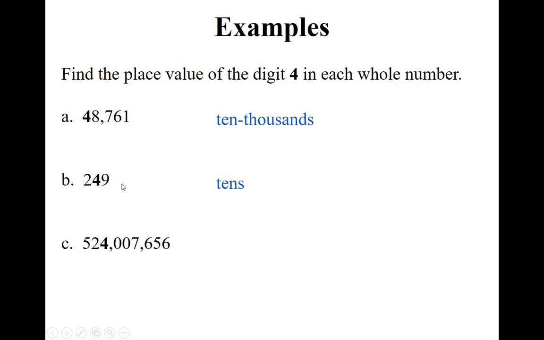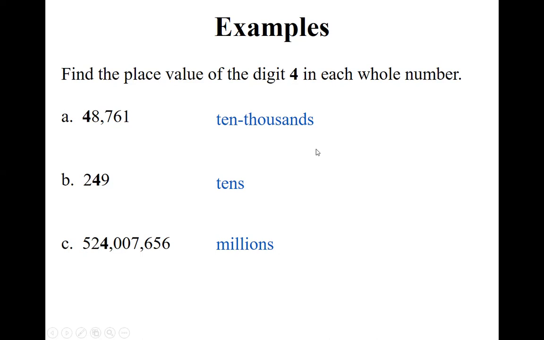The 4 is in the tens place value with B. C, from right to left, ones, tens, hundreds, thousands, 10,000s, 100,000s, millions. The 4 is in the millions place value in C.